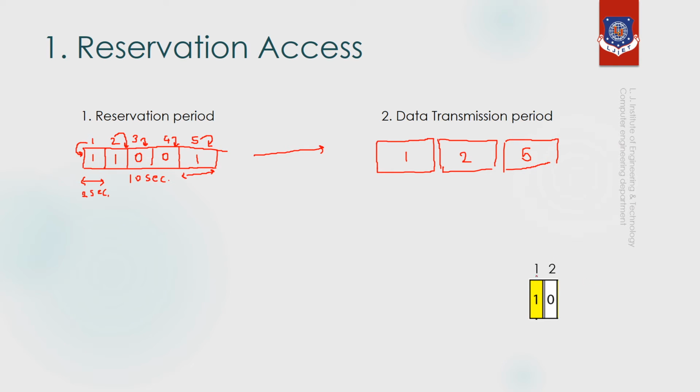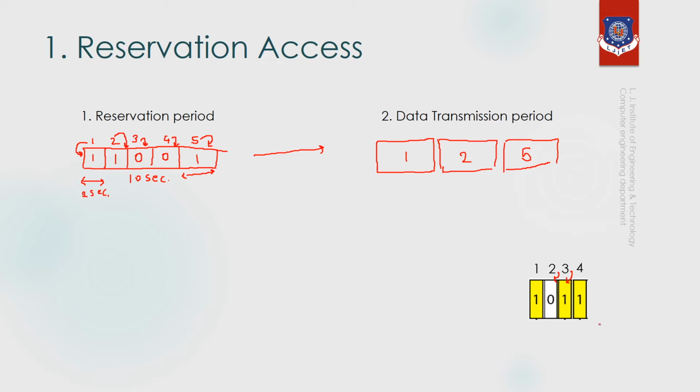Device 2 doesn't want to send any data, so it will send 0 to its respective slot. Device 3 wants to send data, so it will send 1 to its respective slot. So when remaining devices will receive 1 in this slot, those devices will understand that device 3 is going to send data.